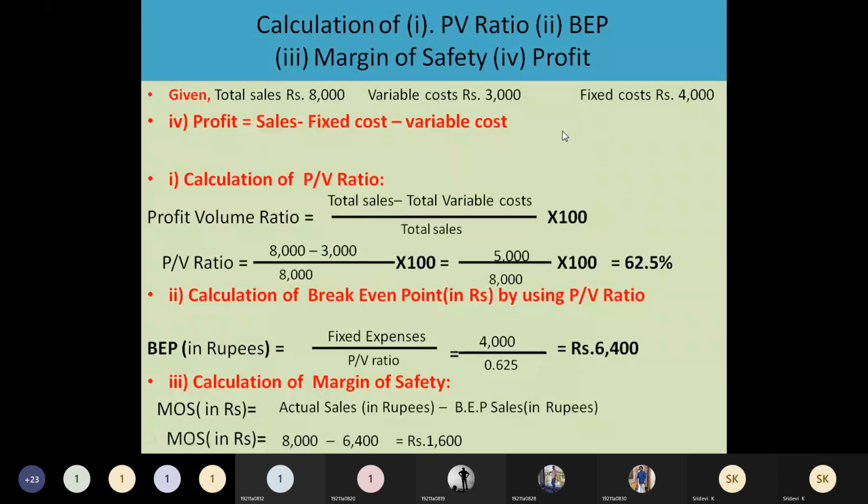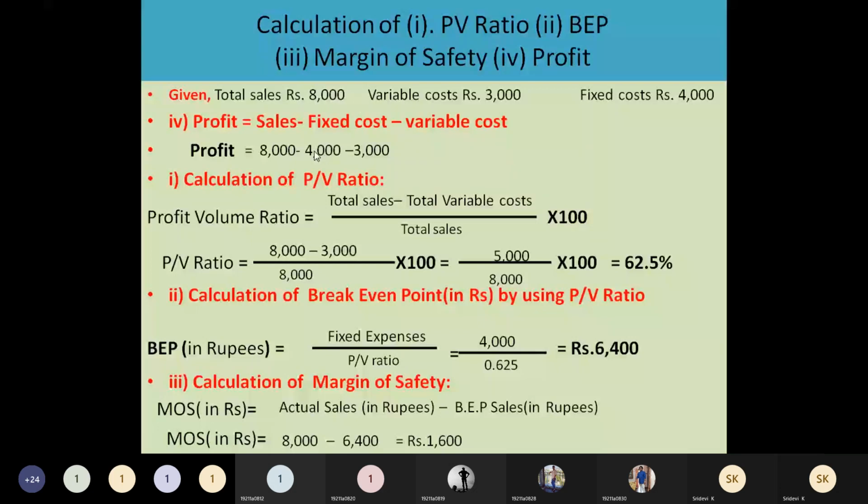If you want, you can go through that video again to see how we have derived this. From this formula, we are going to calculate the profit. Sales we know is 8,000, and the fixed expenses also given, minus 4,000, variable cost 3,000. So substitute those values here, 8,000 minus 4,000 minus 3,000.